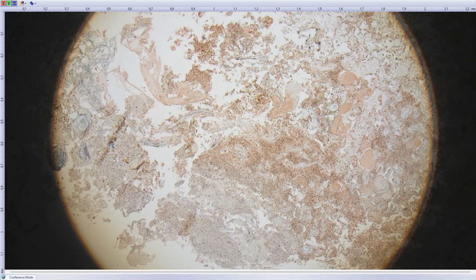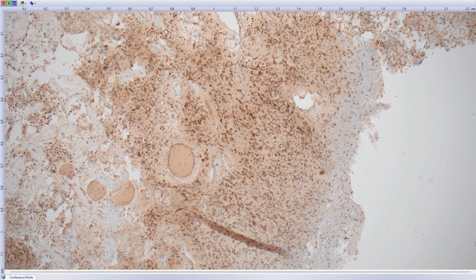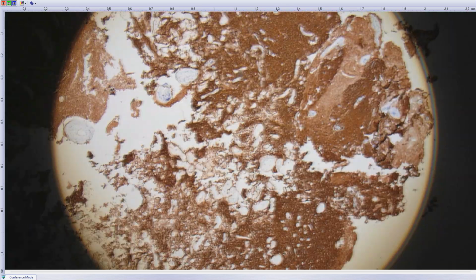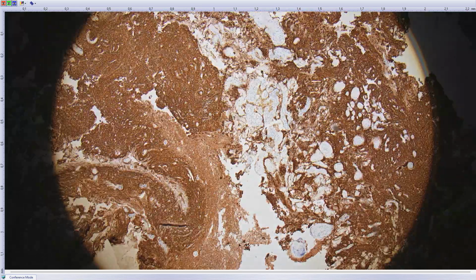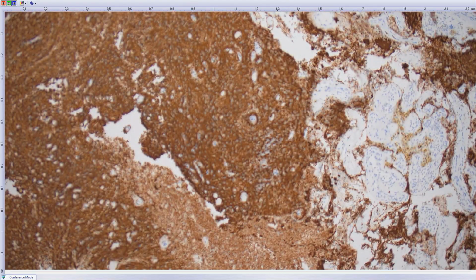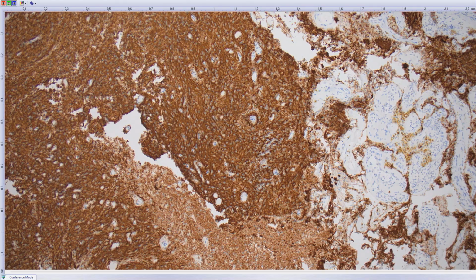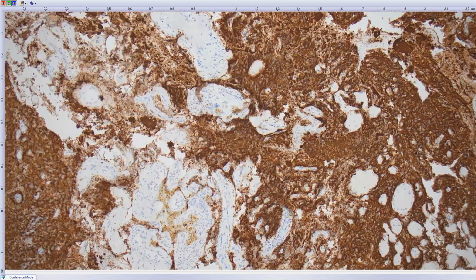So interestingly, the lesion was positive for Olig2, which is a general glial marker. So some nuclear Olig2 staining can be seen. The lesion was diffusely positive for synaptophysin. This already is quite unusual, but we can see glial and neuronal markers in many astrocytic and neuronally differentiated lesions.